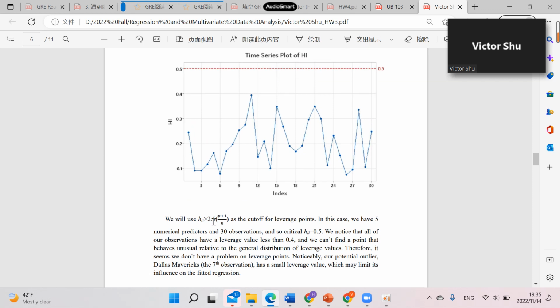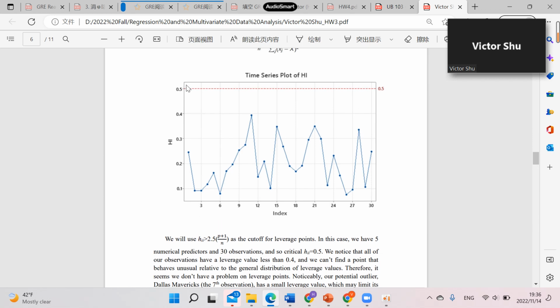If I use 2.5 times the number of predictors plus 1, divided by the number of observations, here I have 5 predictors and 30 observations, right? There's 30 NBA teams in total. If I use this, I get a number of 0.5.